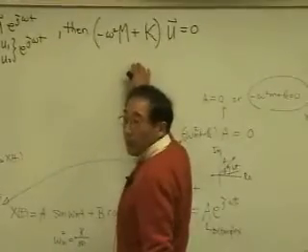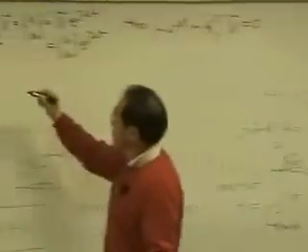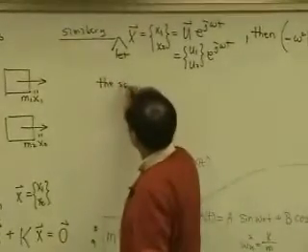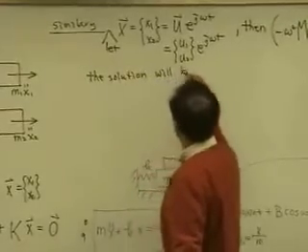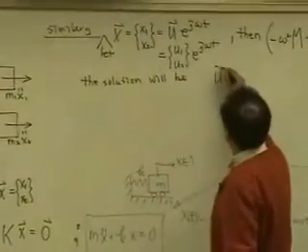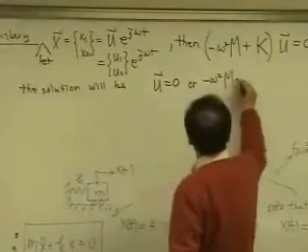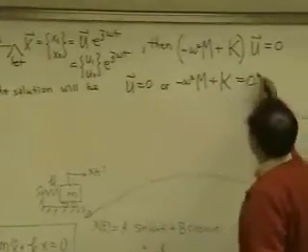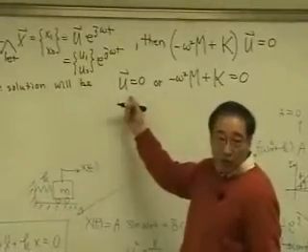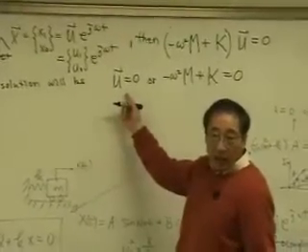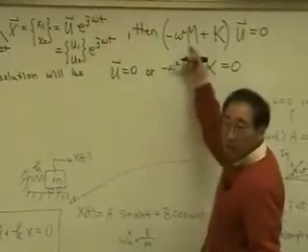Okay. Then, the solution of this equation: u equals 0, or, right? But then vector u equals 0 is a trivial solution again. And this is a matrix.